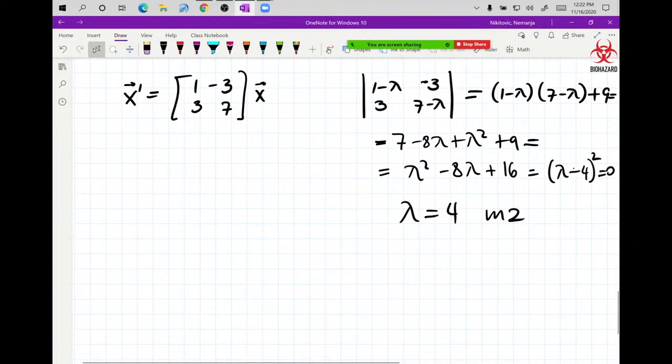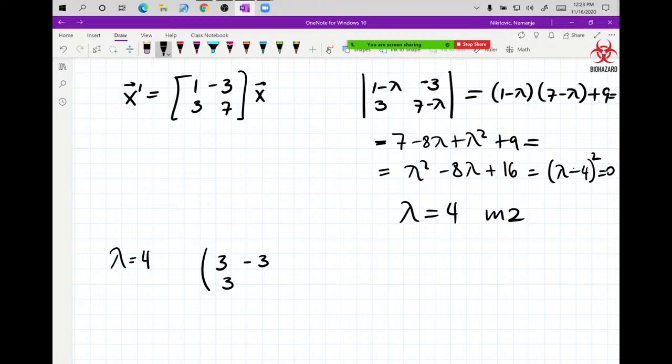So now I'm going to say lambda equals 4, and I have my matrix that's 3, -3, 3, and 3, times A, B is equal to 0, 0. Now, we have a problem over here.